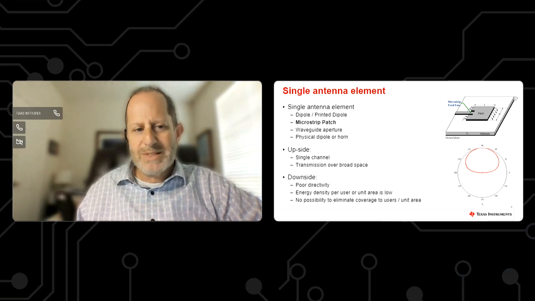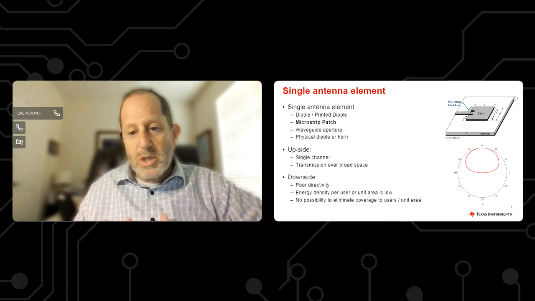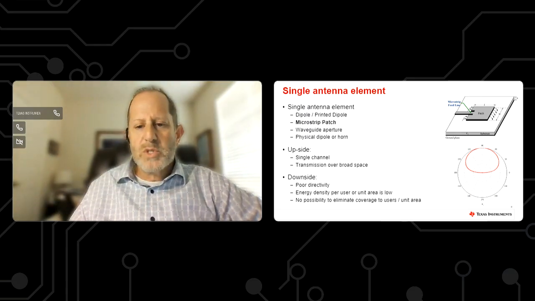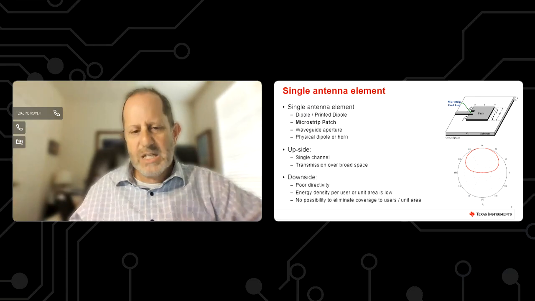The shapes will all be slightly different. But generally speaking, a single element's going to be fairly broadband, not very directive. So it's not going to be very discerning as far as the location in which the energy is pointed. And of course, it's also not going to be a high gain type solution.